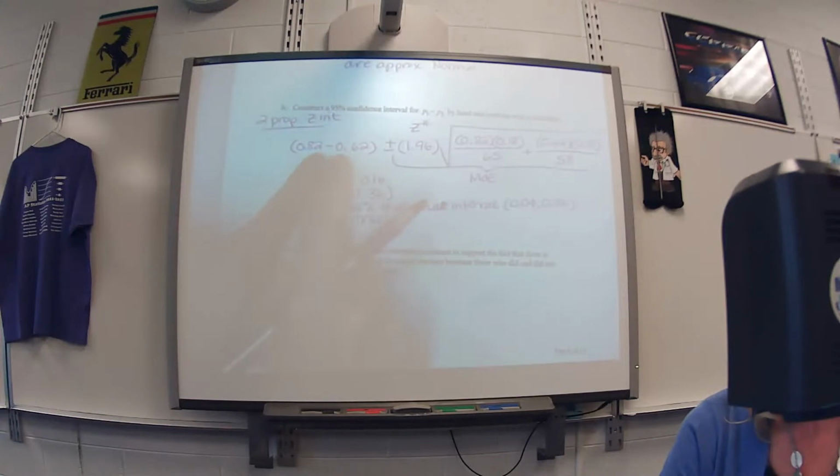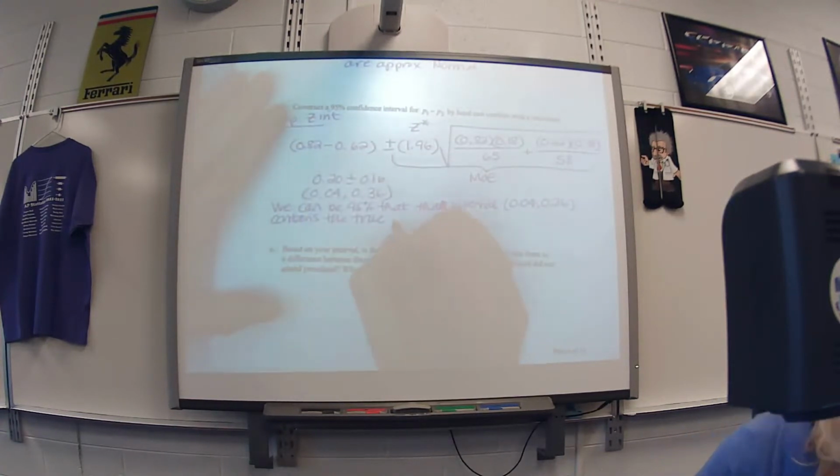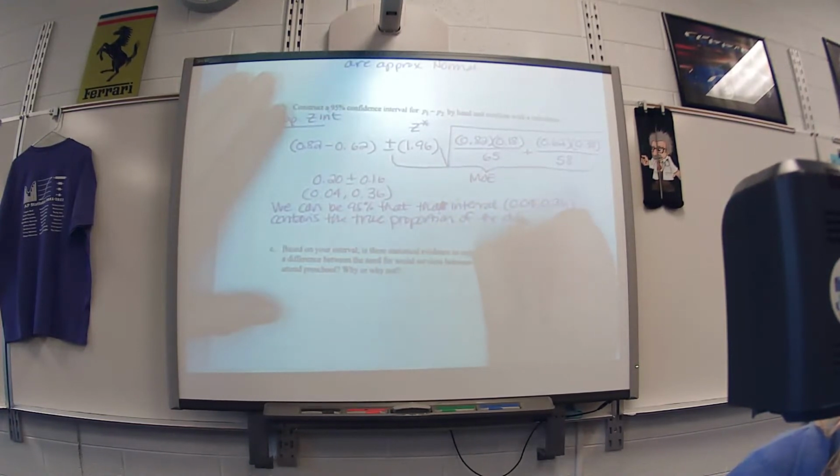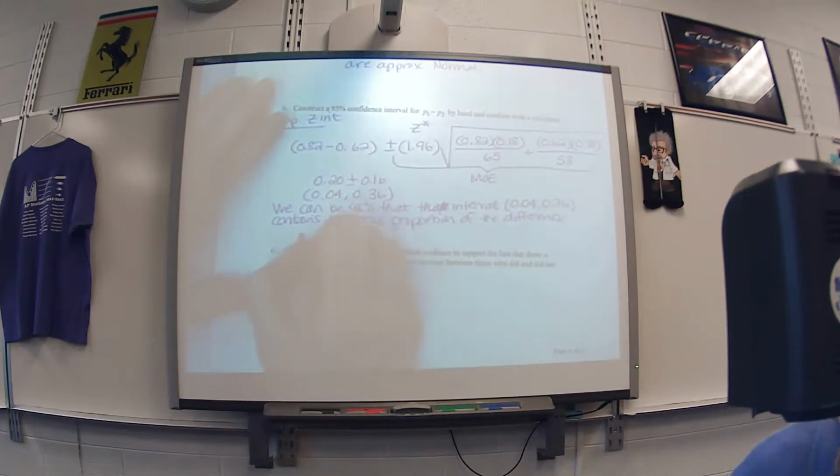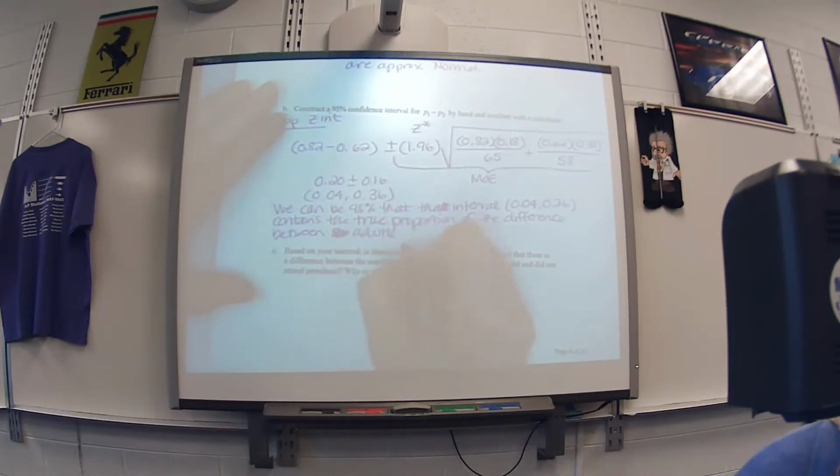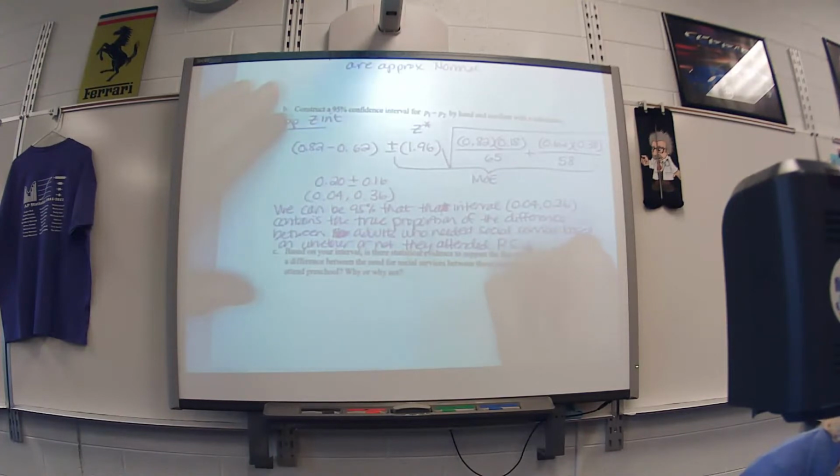The true proportion of the difference between adults who needed social services based on whether or not they attended preschool as children.